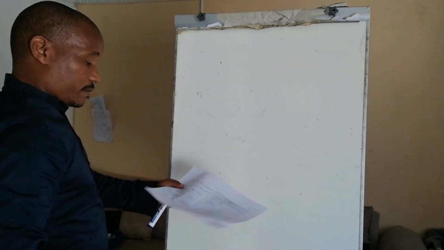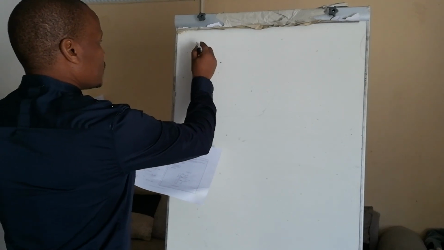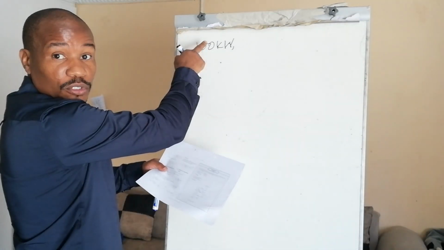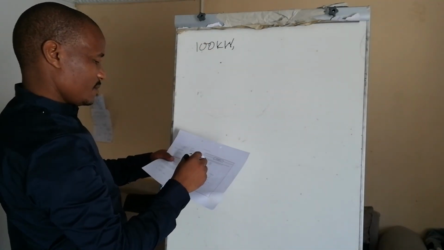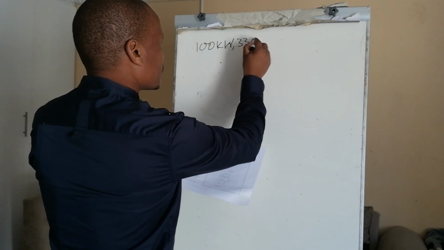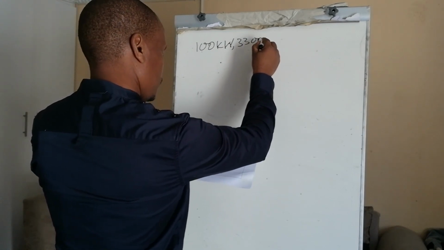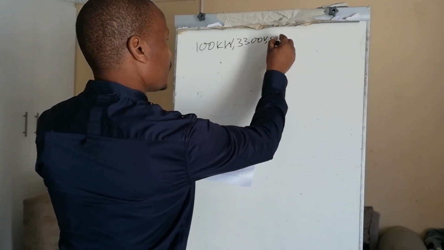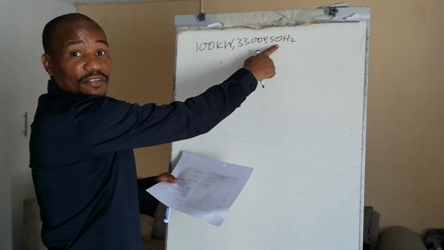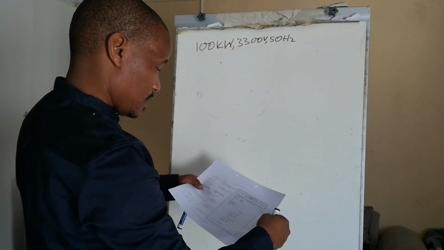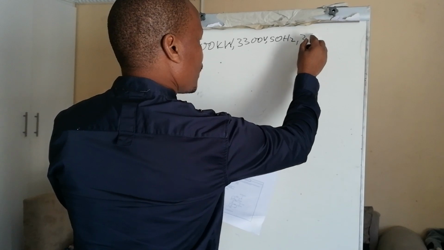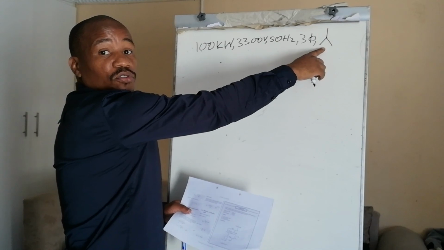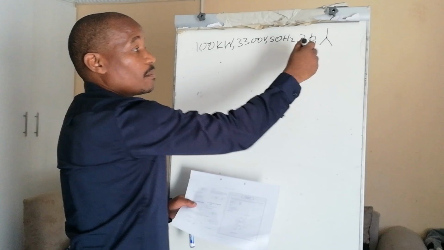Now, 100 kilowatts. This is an output. 3,300 volts, 50 hertz. This is the standard frequency of South Africa, 50 hertz. Three-phase star-connected motor. You saw this when we were dealing with transformers.